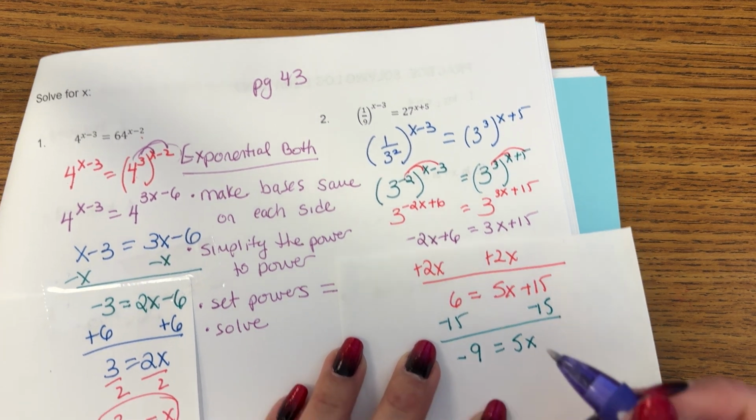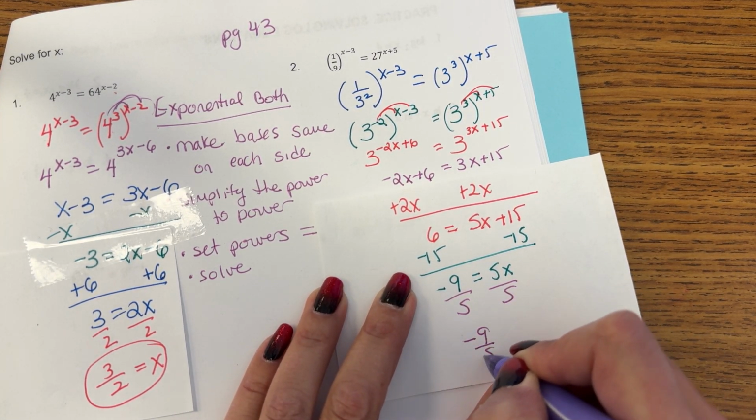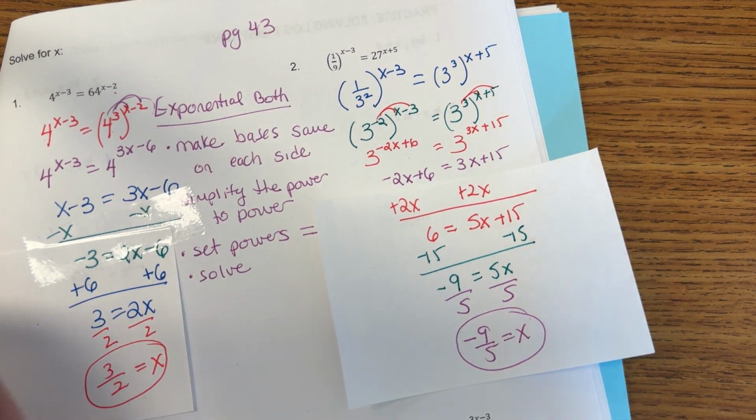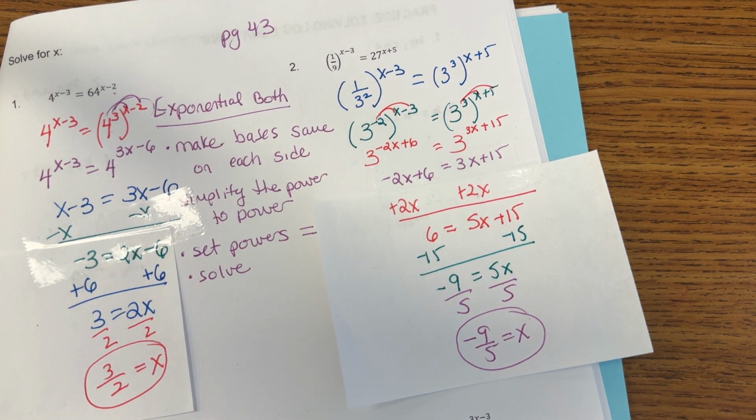Divide by 5. Oh, I'm almost out of space. Divide by 5. -9/5 is x. No extraneous solutions because exponentials have a domain of all real numbers.